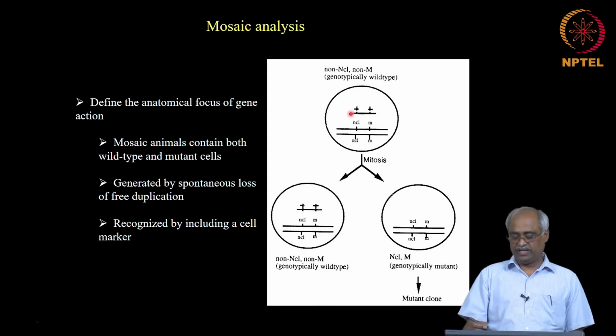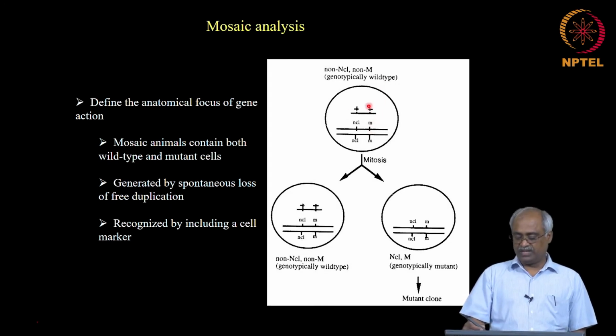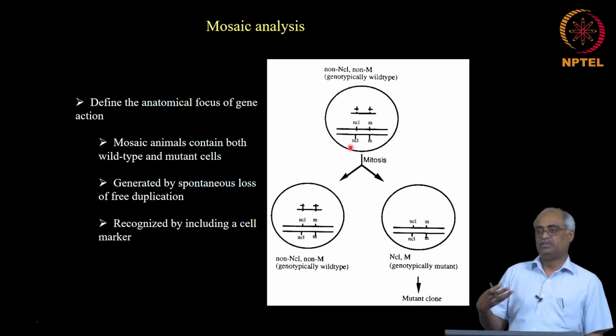In this particular example, we have a duplicate in which the wild type copy of this mutation M is present. In addition, we have the wild type copy of another mutation, which is being used as a marker mutation here. If it is homozygous for this NCL, the nucleolus will be bigger in those cells.